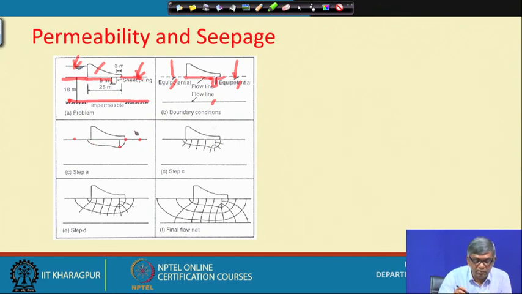This may be the second flow line. If I get this second flow line, then I can proceed, as I mentioned, and find out the head difference, from there I can find del H. If I want to draw, suppose, 10 equipotential lines, there will be 9 drops.